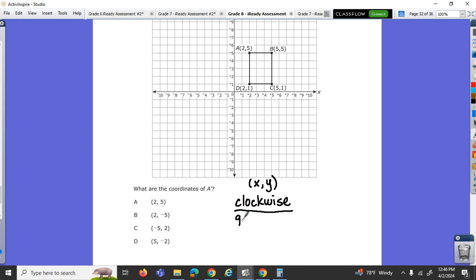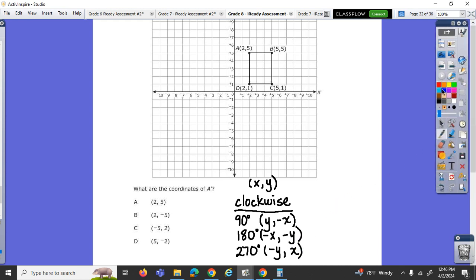A 90-degree clockwise rotation changes the coordinate to y, comma, negative x. 180 degrees becomes negative x, in other words, opposite of x, opposite of y. And then 270 degrees is negative y, or opposite of y, comma, x.